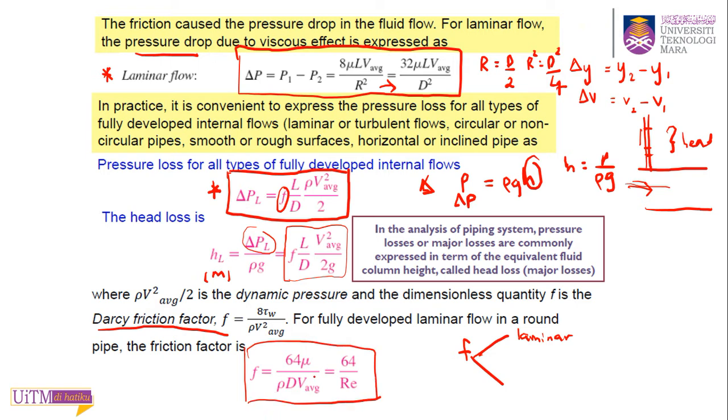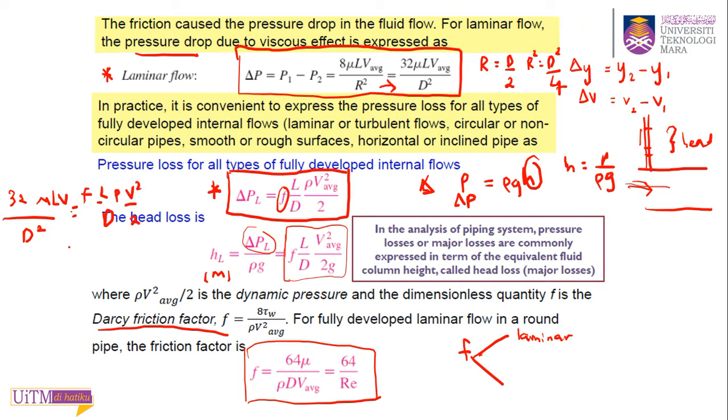How we come up with this equation is just simultaneous equations between these two: delta P equals 32 mu L V over D squared, equal to the other term for delta P, which is F L over D times rho times V squared over 2.